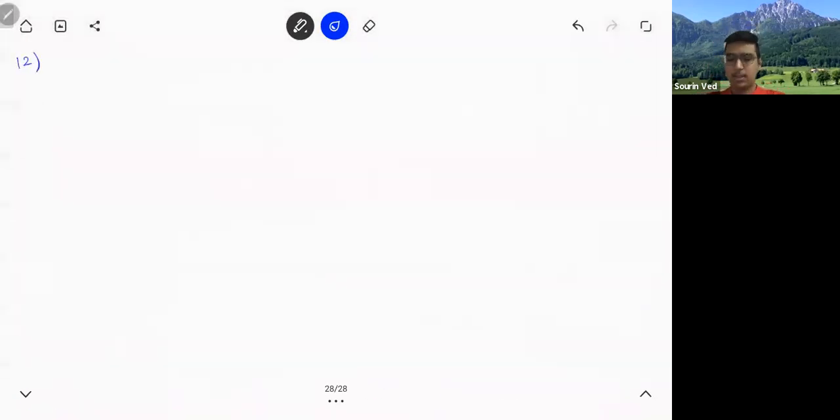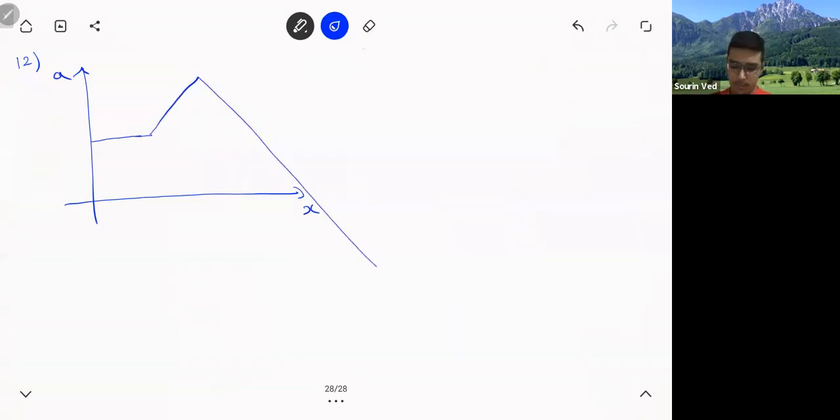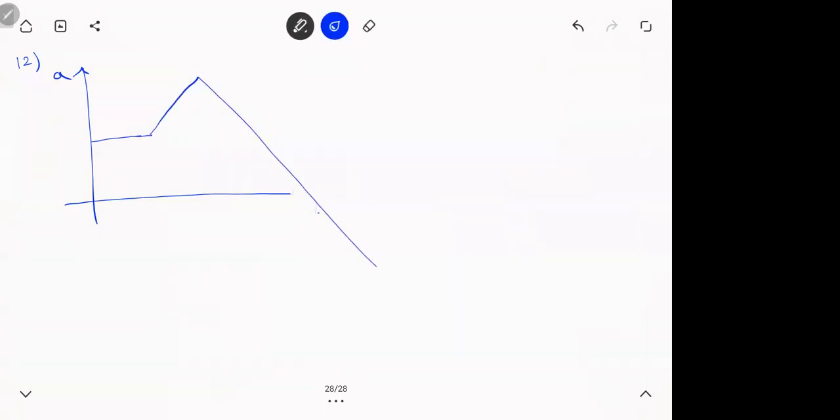Next thing. We got an AX graph. This is an AX graph.